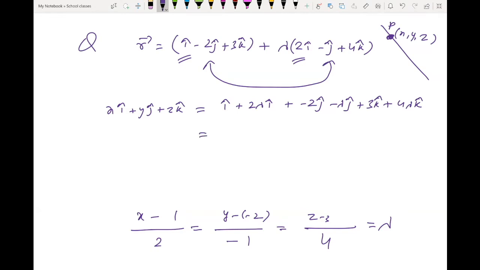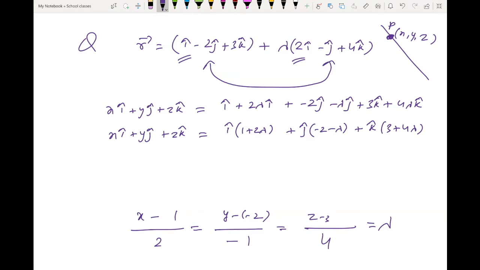Now here you can take i cap common, which is i cap into 1 plus 2 lambda, j cap into minus 2 minus lambda, plus k cap into 3 plus 4 lambda. This is equal to xi cap plus yj cap plus zk cap.